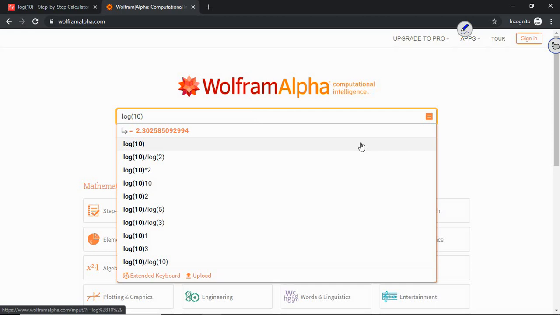So they've coded their site to interpret a log without a base as a base of e. And we'll talk about the base of e in just a couple minutes. We're going to call that the natural logarithm as opposed to the common logarithm. But you can rest assured that for our course, if you do not see a base, the base is 10.